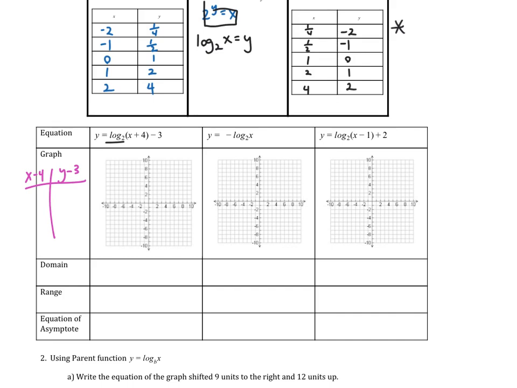I'm going to take -2, -1, 0, 1, 2, subtract that by 3, and I get -5, -4, -3, -2, -1. Then taking my x column, 1/4, 1/2, 1, 2, 4, and subtracting 4, -3 3/4, -3 1/2.